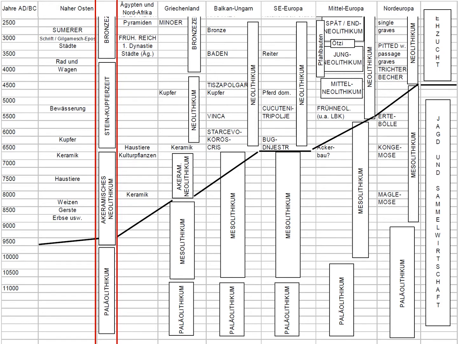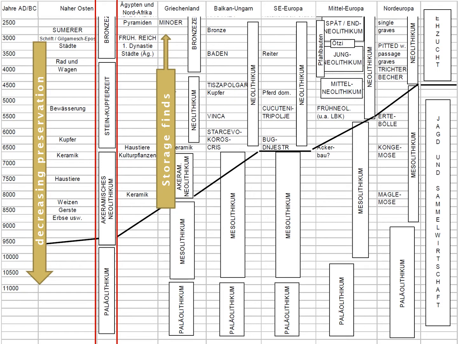This is due, on one hand, to decreasing preservation with increasing age of the archaeological layers. On the other hand, it is related to the fact that only with large-scale storage we may expect numerous plant remains.